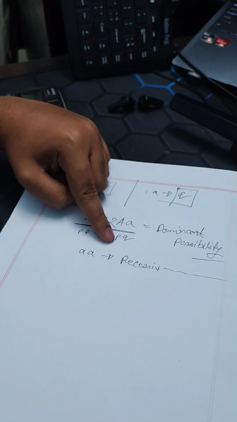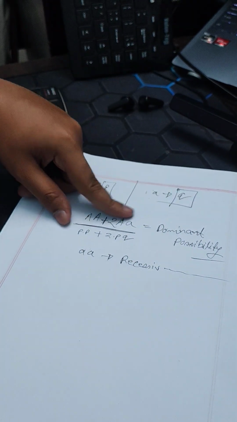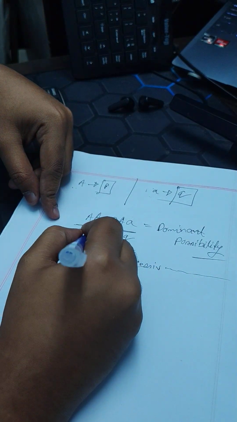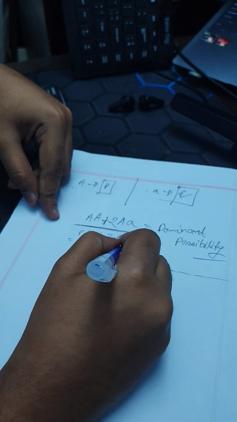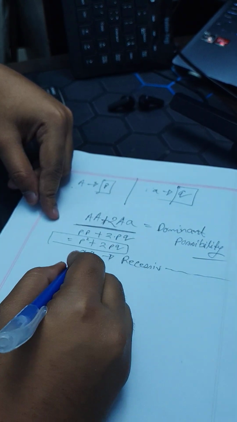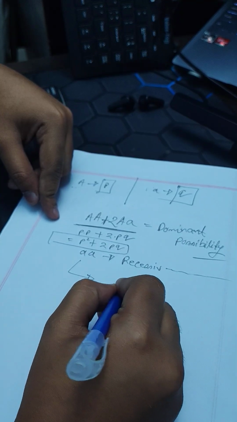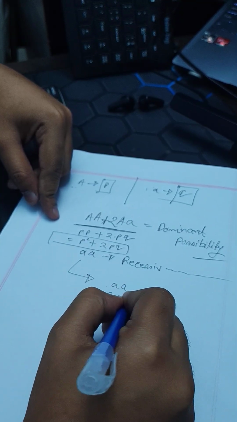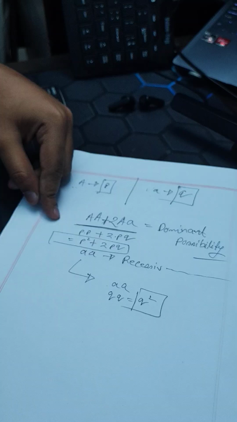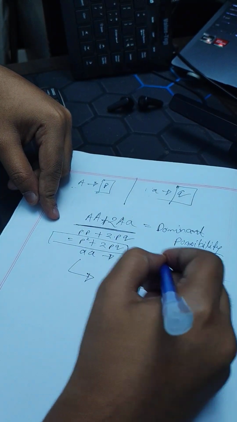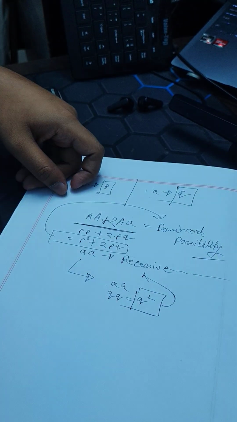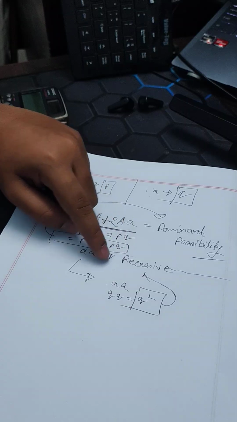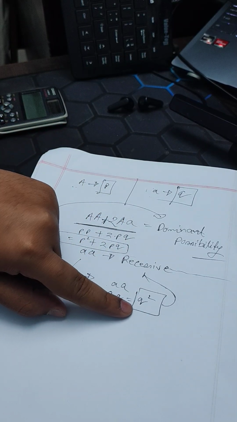Because the small one will be Q from this one. So we can write it P square plus 2PQ. And for the recessive one, aa, we can write QQ is equal to Q square. It is for the recessive one, and that will be for the dominant one. The possibility of dominance, the possibility of recessive one.